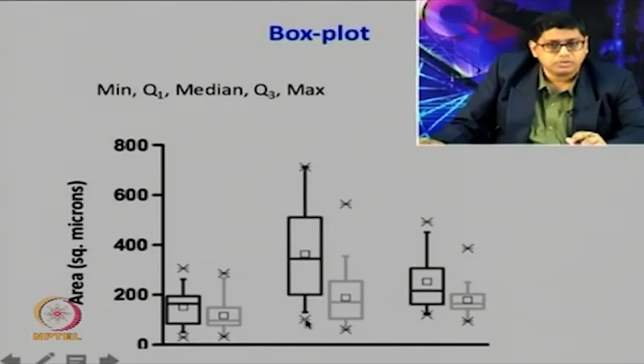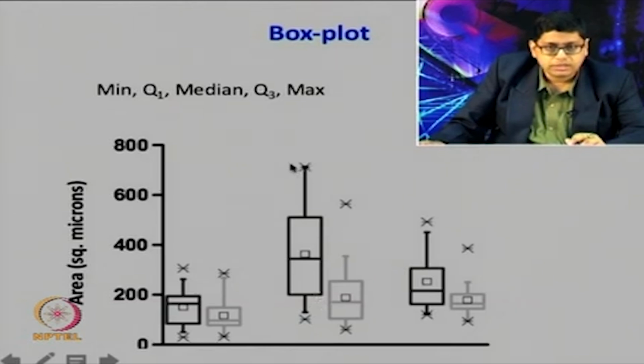In a box plot, the lowest value is your minimum. The box outlines Q1, the first quartile, Q2, the median, and Q3, the third quartile, and this is your maximum. You also see points which lie outside the box.